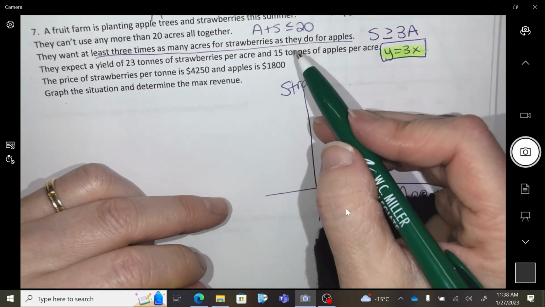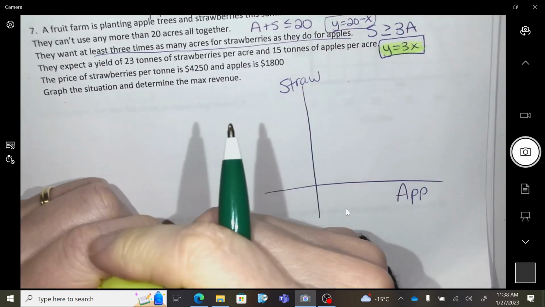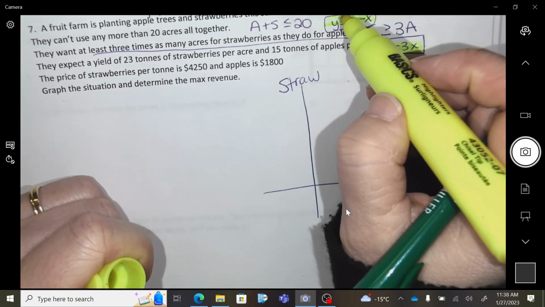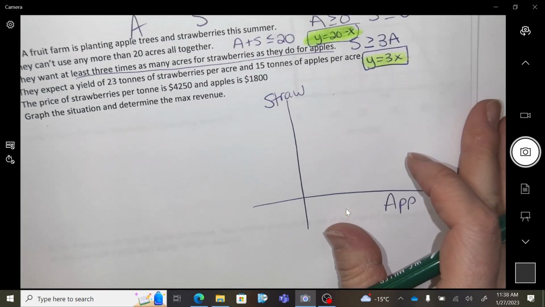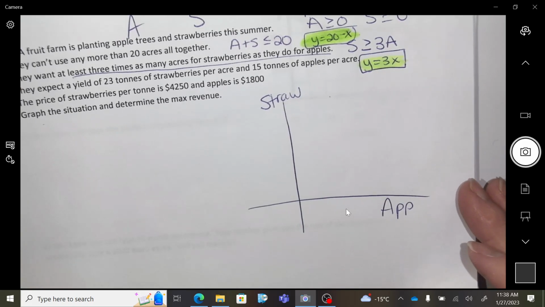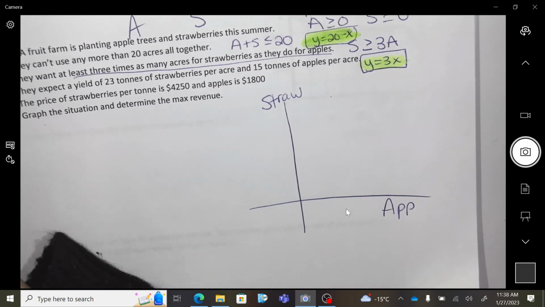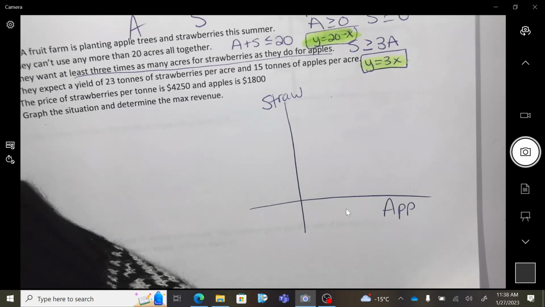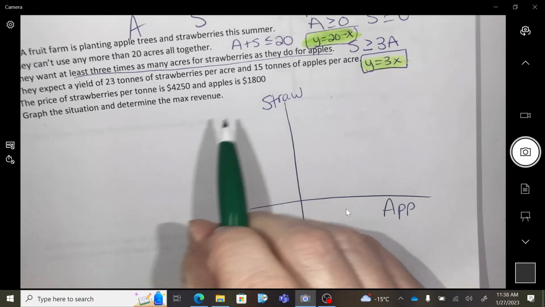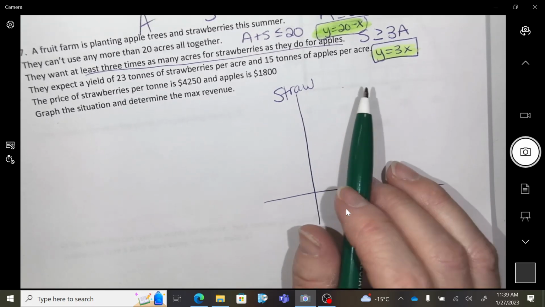And then this one would be y equals 20 minus x, right? Those would be my calculator maneuvers. And I'm going to put my window up to 30 on both because I knew that this is 20 already. So I'm going to make both windows to 30, x and y.